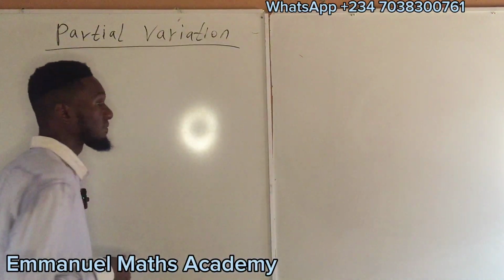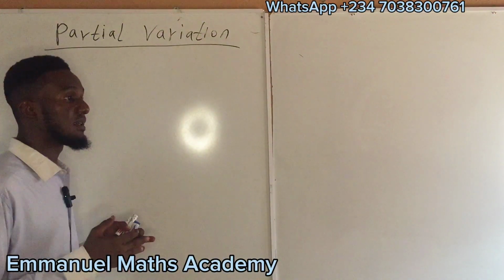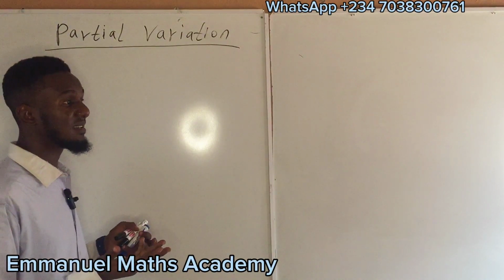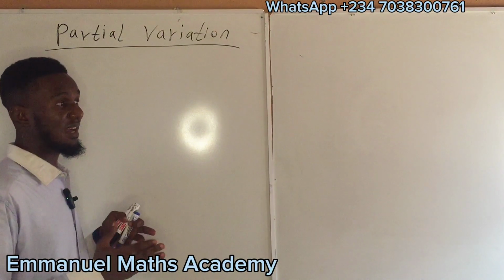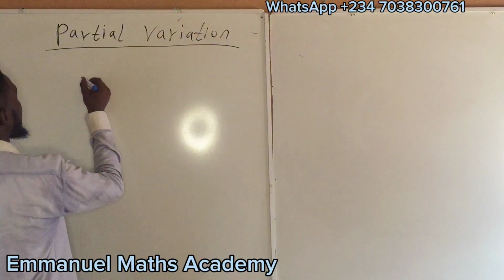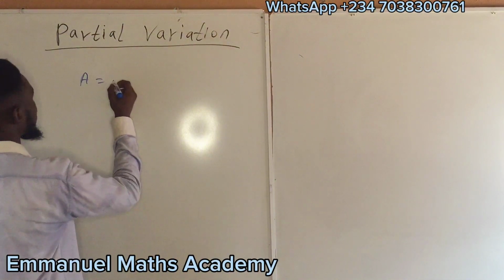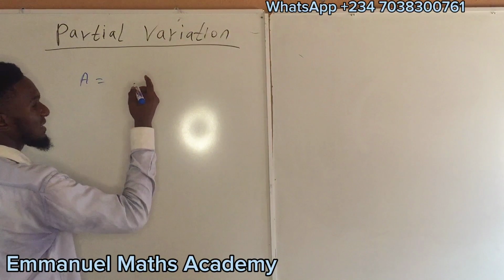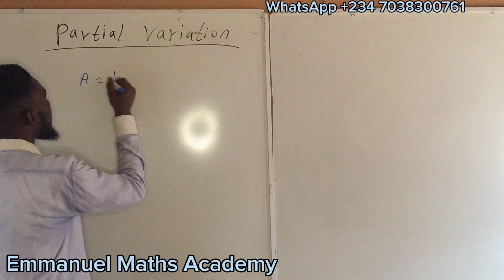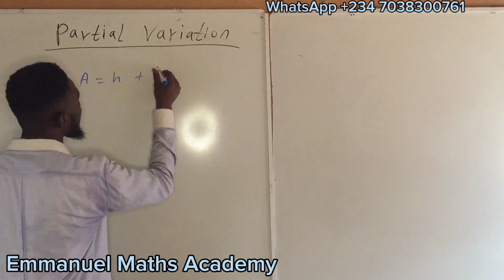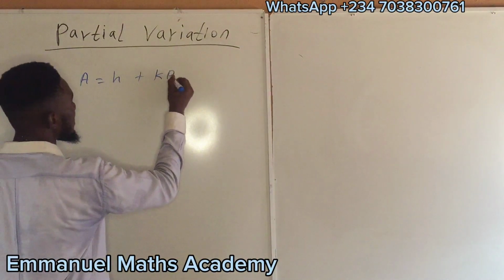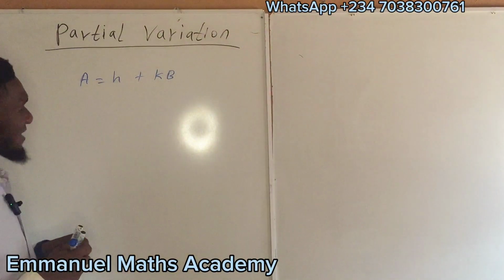When you have two variables, maybe A and B, I say that A is partly constant and varies directly as B. It is expressed as A is equal to, if the constants are K and H, H plus K times the second variable.